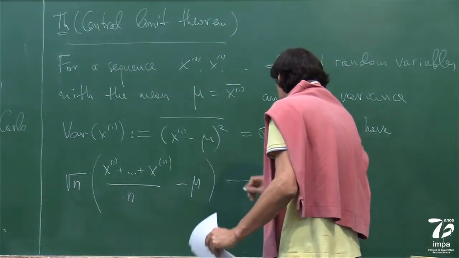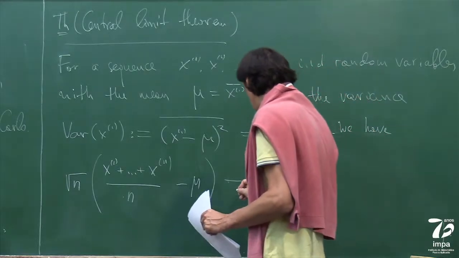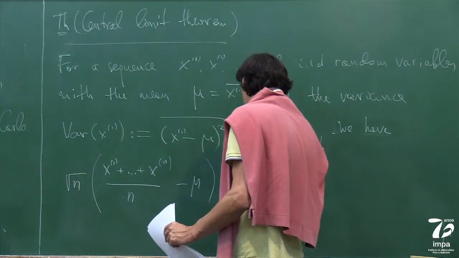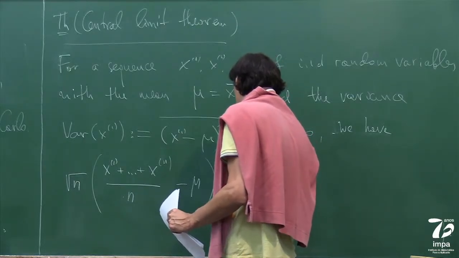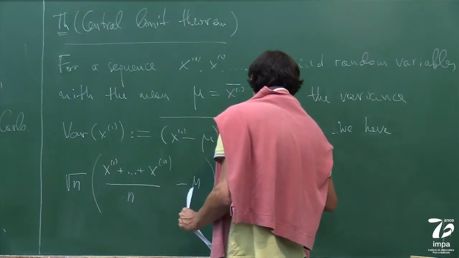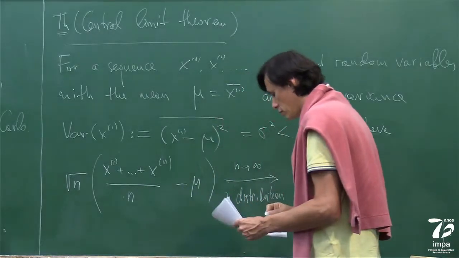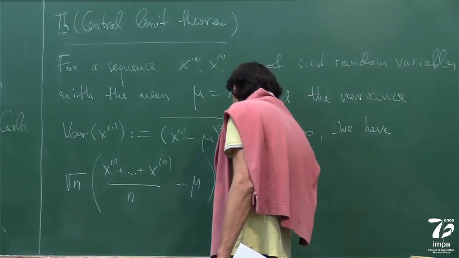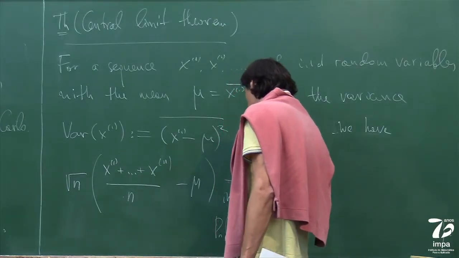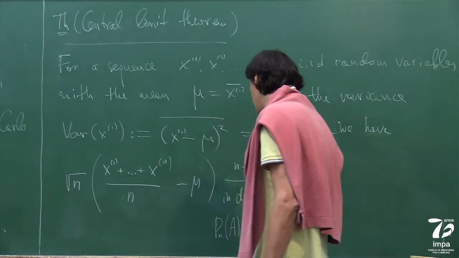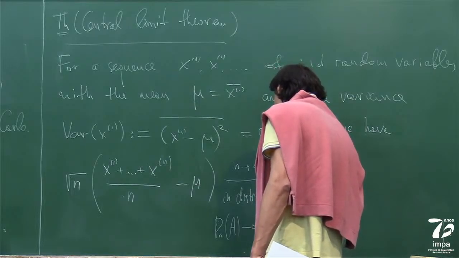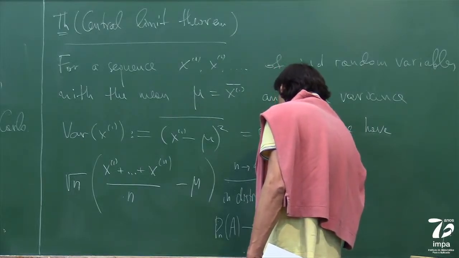So this converges as n goes to infinity in distribution, or in law. Essentially, convergence in distribution means that the probability that the variable for each n falls in a set is the same as the probability of the limit on the same set.